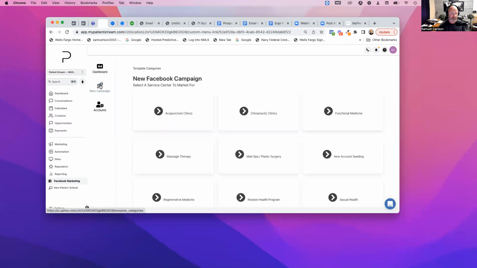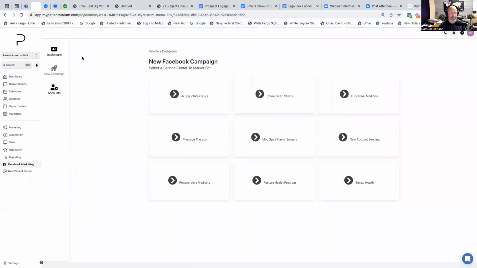This is actually not a clinic's account. This is Patient Stream, so this is a demo or dummy account, rather. We'll jump into this so you can see what's working. I'm going to pull the chat up here. First and foremost, can you see Patient Stream's dashboard? Is that what you're seeing on your screen? Please let me know in the chat.